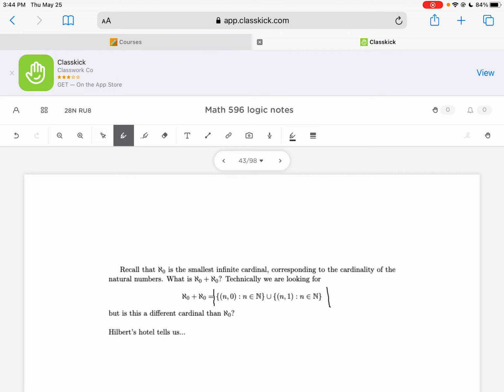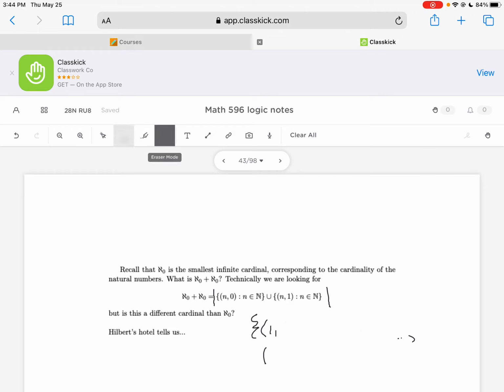So essentially, it's the cardinality of (1, 0), (1, 1), (1, 2), and so on. And then after infinitely many of those, we now switch to, I did that wrong, sorry.